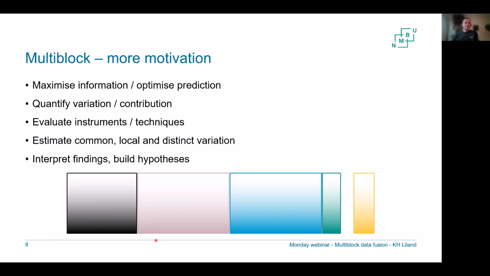However, in a multi-block analysis, we might get better interpretation of the results because we more easily distinguish which part of these block contributions are relevant for the response. We get maybe plotting of each of these results, looking at, let's say, loading weights and scores and the usual culprits. So yeah, interpreting findings is one of the things that we hope that we can do better with multi-block.